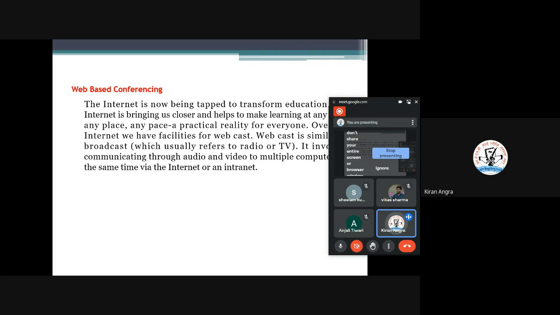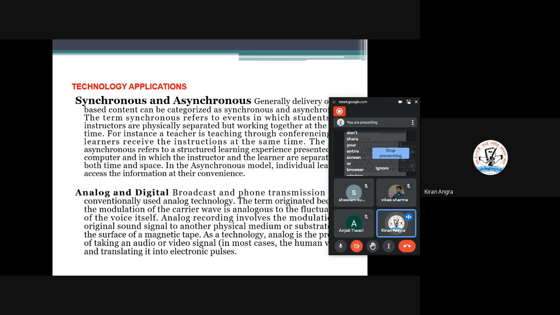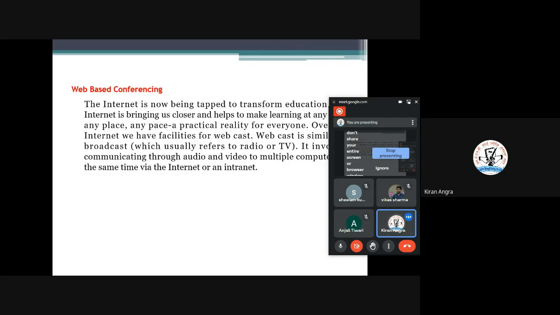It reaches the learner and helps in interaction. But the problem is that it requires high bandwidth and good quality hardware. That is its drawback, but it helps you in two-way communication.